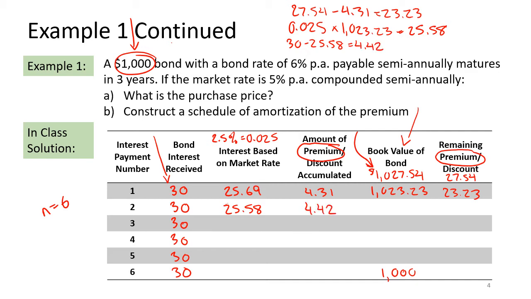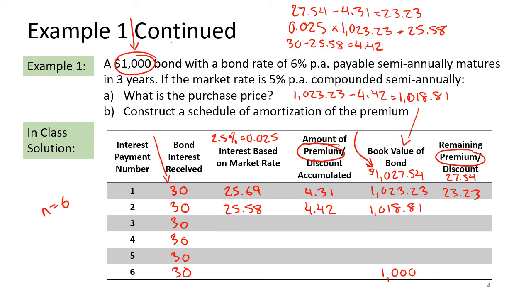Okay, so the book value of our bond is $1,023.23 minus the amount of premium that we accumulated this payment, $4.42, and we arrive at $1,018.81. Okay?